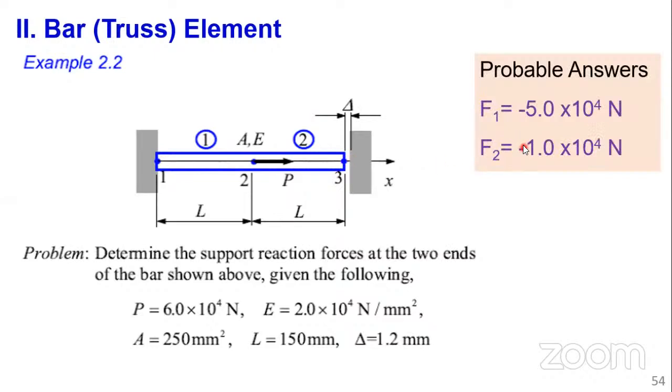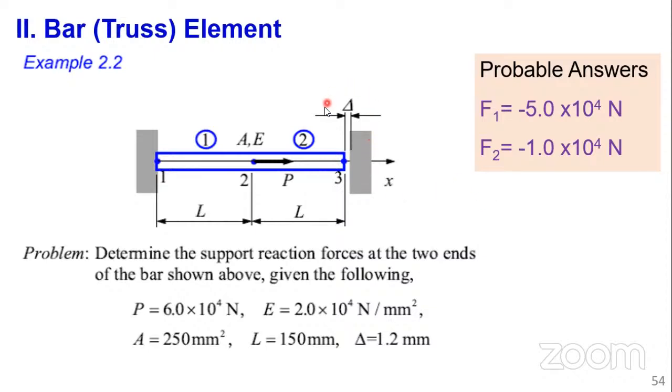These are some probable answers which I had calculated maybe some few years ago. You could try punching them in the calculator and see if you get the same result. But the approach all the way up to getting the reaction is the same way we have done in example 2.1.